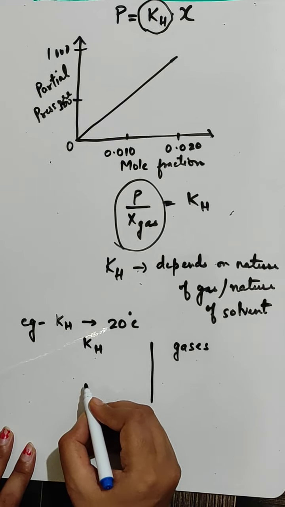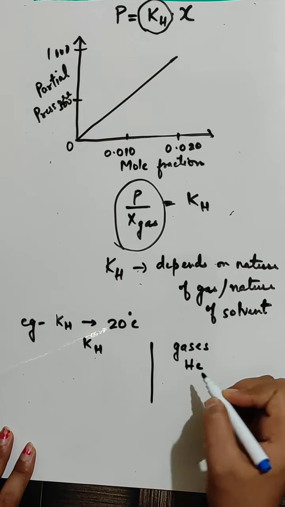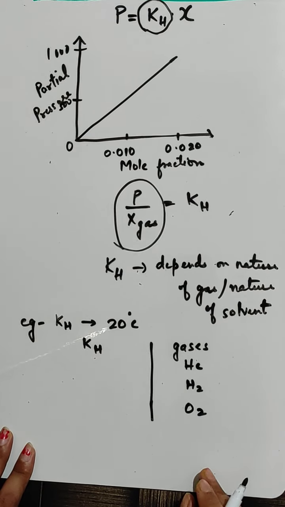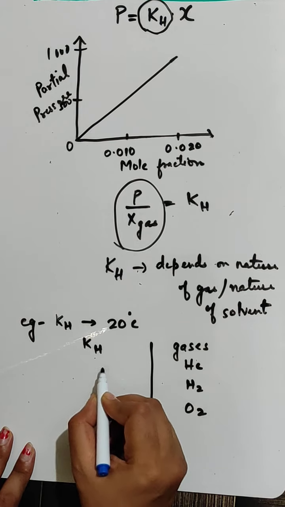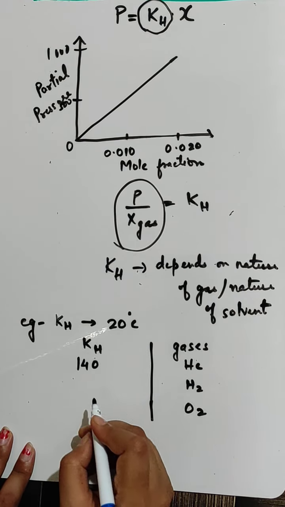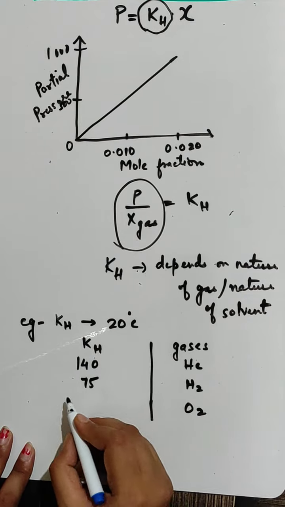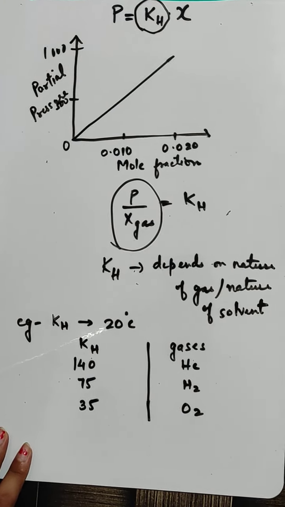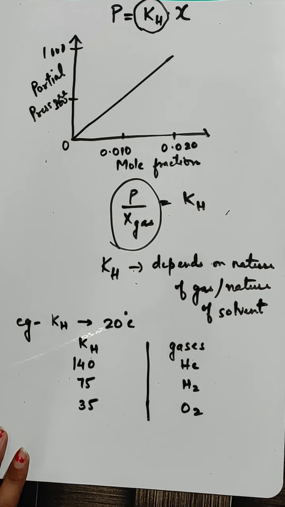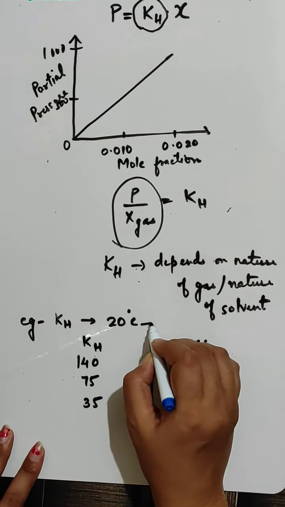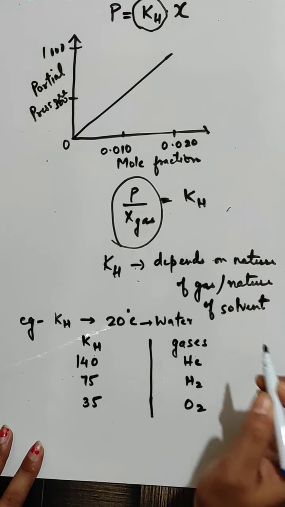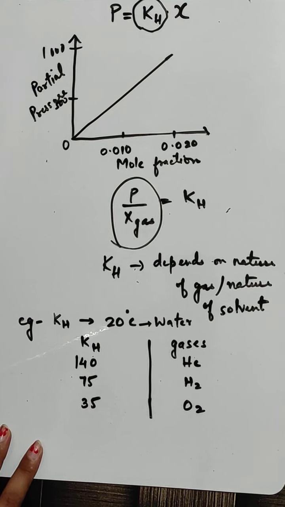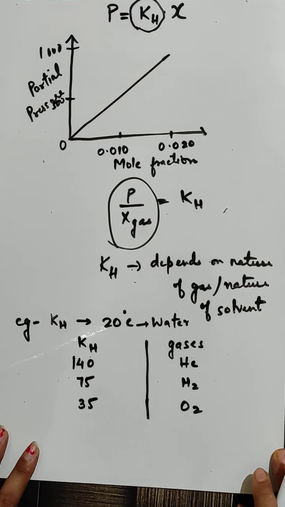First let's take helium, then hydrogen, then oxygen, and you can see here that approximately the values lie like this. Now if we change the solvent, we have taken the solvent as water, isn't it? But if we change the solvent or change the temperature, the KH for these particular gases will also change.